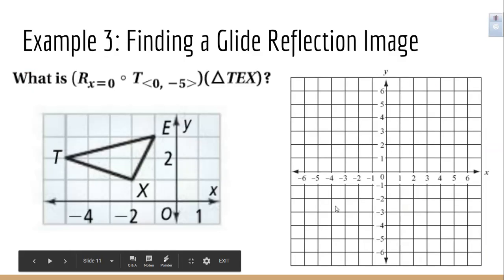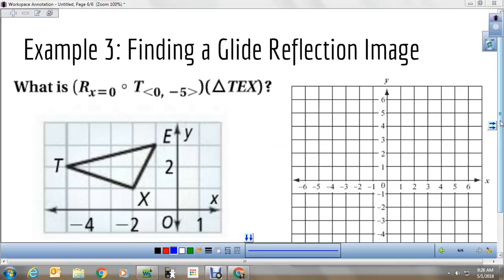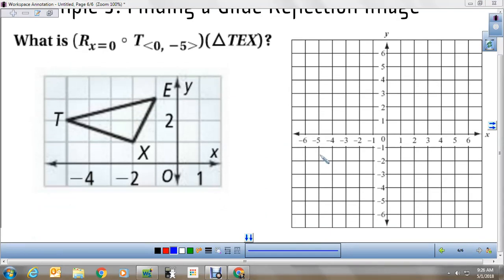So let's take a look at example 3, finding a glide reflection. What is the reflection across the line x equals 0 of the translation (0, negative 5) of triangle TEX? Let's draw this image here, starting with our original image, triangle TEX.